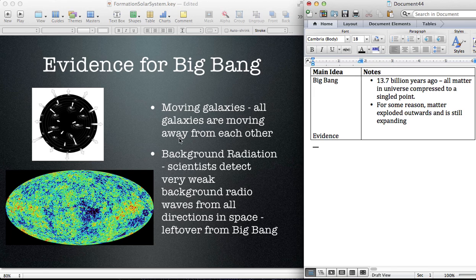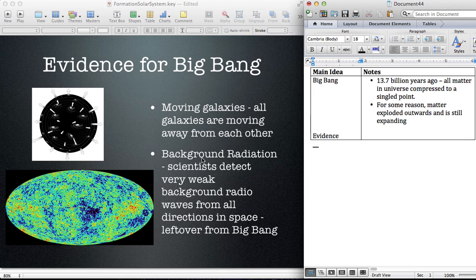So that's one piece of evidence, by looking at how the galaxies today are moving. The other evidence is what we call background radiation in the sky. And so when the Big Bang happened, right, this was an enormous amount of energy, and it created an enormous amount of heat. And so when this went off, it would have released a lot of light and energy into the sky. Now, we've talked in class about how light takes a certain amount of time to travel a certain distance, right? And that's how we get a light year.